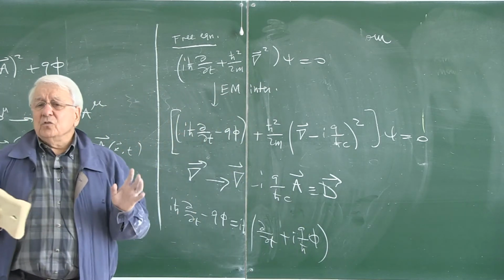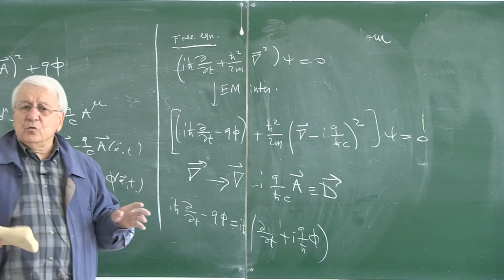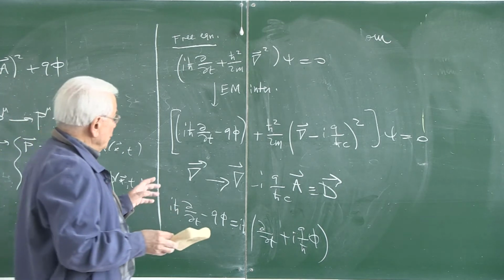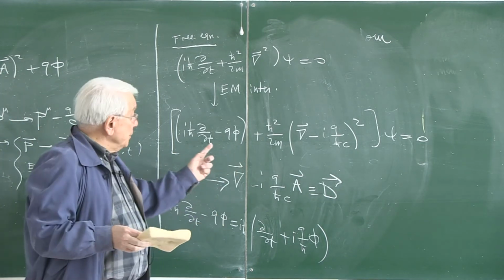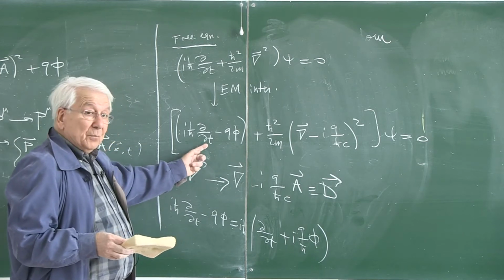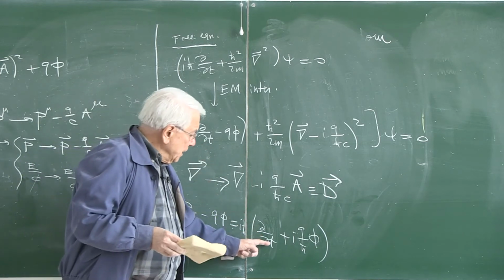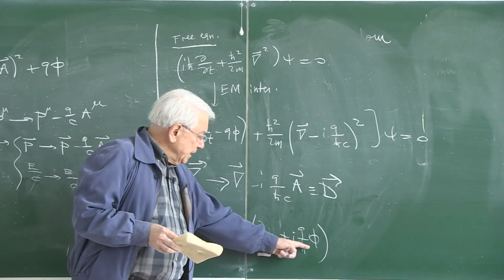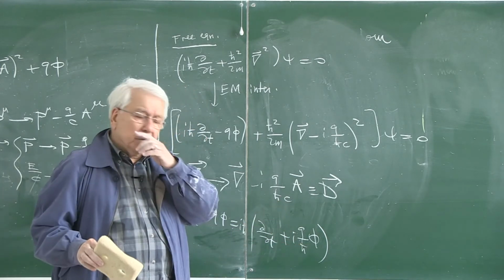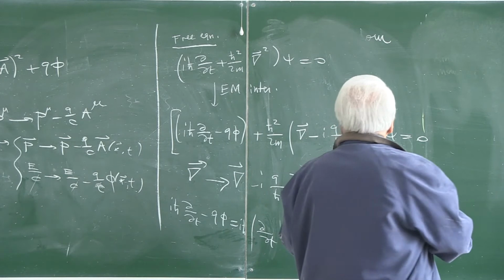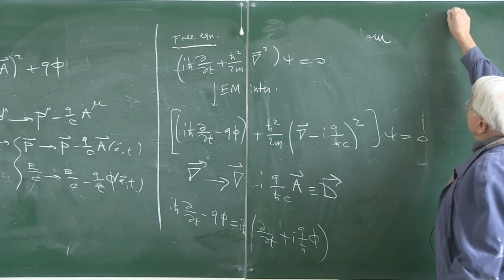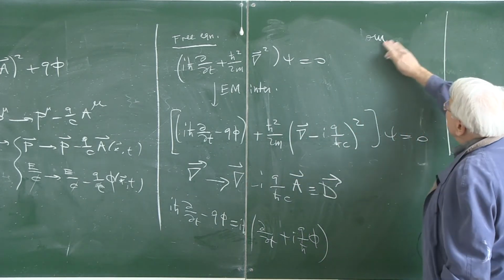As we are in non-relativistic quantum mechanics, I'm not paying too much attention to the contravariant notation. Instead of d by dx0, I'm using d by dt. If it was d by dx0, where x0 is ct, then I would have an h bar c in here. So everything is consistent. There is no problem. Then the equation has a more aesthetic look.